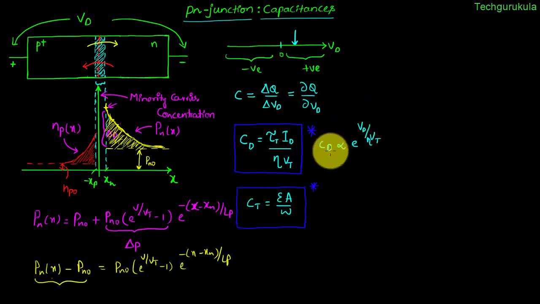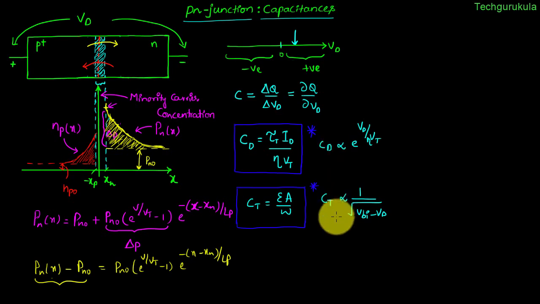And when Vd is negative, CD would be diminishing to 0. Whereas CT is directly proportional to 1 over W, the depletion width, so I'm going to write this as 1 over square root of VBI minus VD.